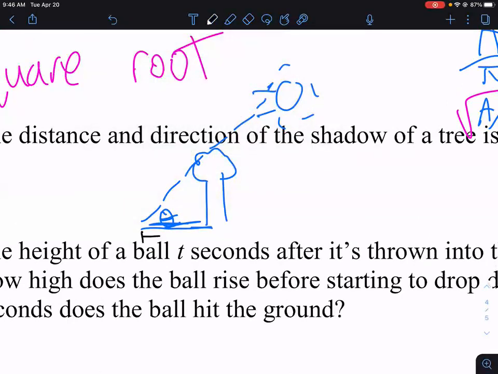Well, you could measure the length of the shadow pretty easily, right? And you could also measure the height of the tree relatively easily. You probably can't measure this diagonal, right? Because that's floating in the air. It's not an actual object, it's diagonal, right? So if you have the opposite and adjacent sides, you would probably use either tangent or cotangent.